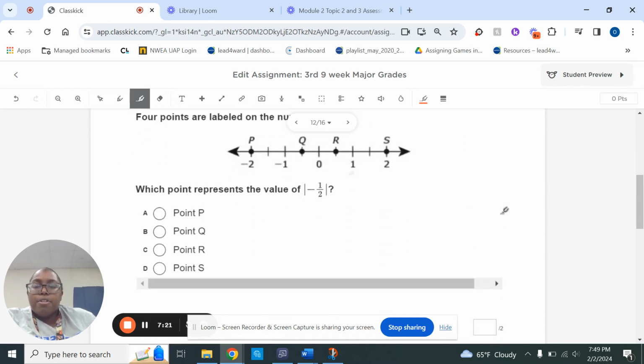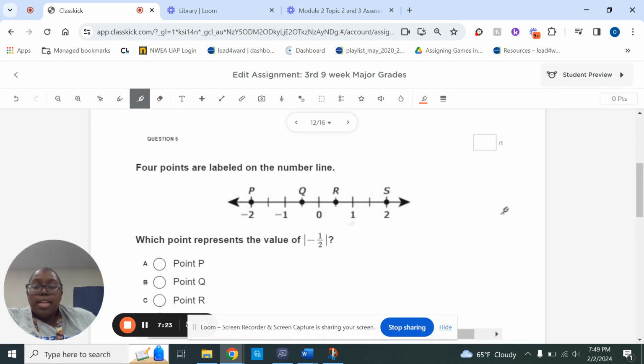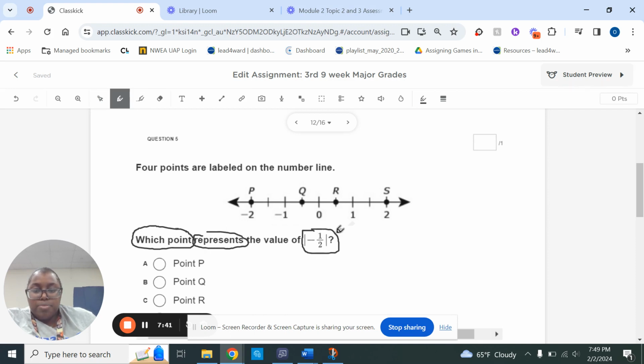Number 5, 4 points are labeled on the number line. Which point represents the value of the absolute value of negative 1/2? So first off, we're looking for a point that represents this.